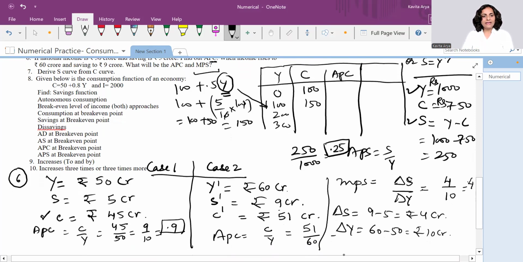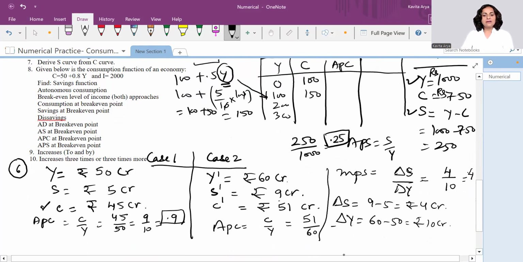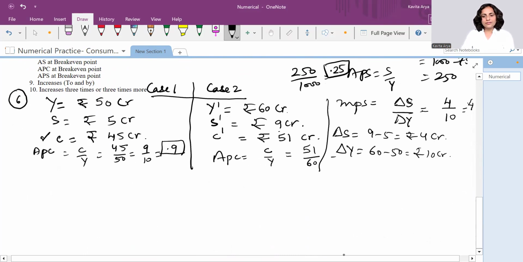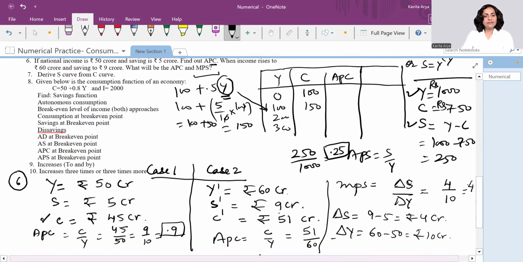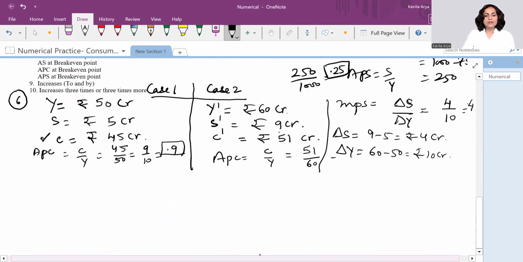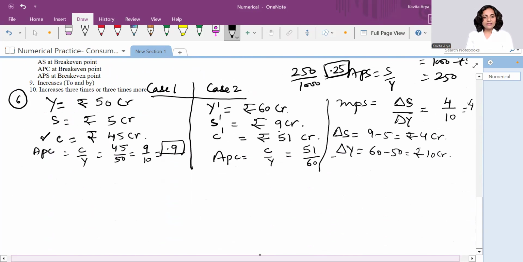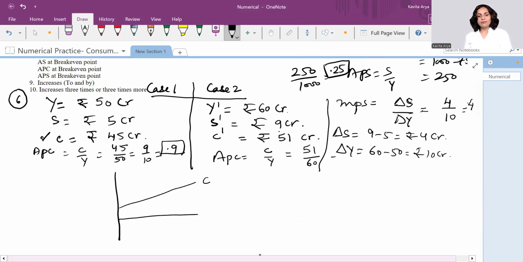Yes. So moving ahead, derive S from C curve. Let's just do it fast. Derive S from C. So we are given the consumption curve, and this is the consumption curve given to us. Mind you, in economics, whenever we are drawing any diagrams and graphs, we need not label them with a proper scale.